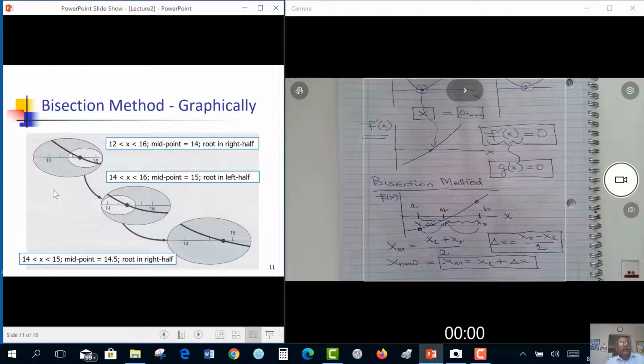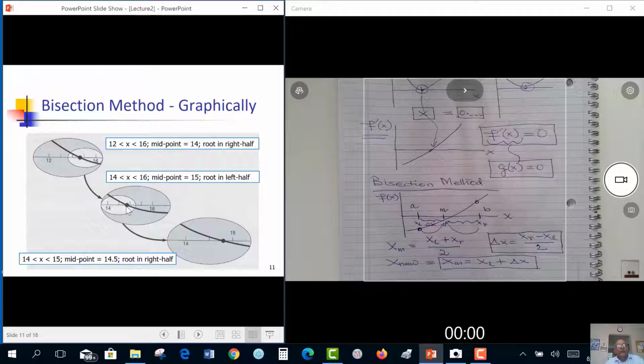So here is a graphical example. We currently have a root between 12 and 16. So the midpoint is going to be 14. We see the root is in the right half, 14 and 16. So now we plot it between 14 and 16. Midpoint is 15. We find therefore the root is in the left half.